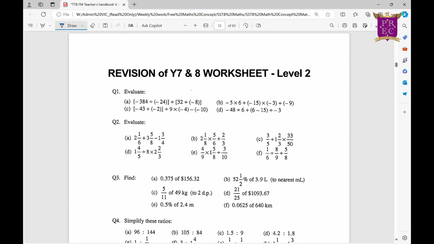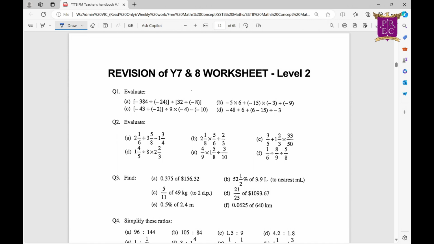First of all, we divide 384 by 24, and remember there's a negative on both numbers, so when you divide a negative by a negative, you get a positive number. Just keep that in mind.